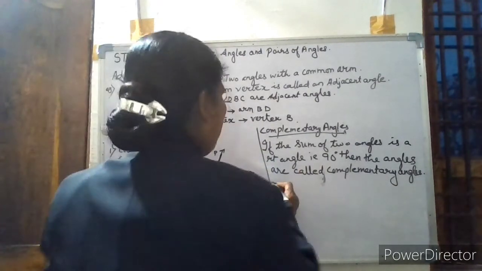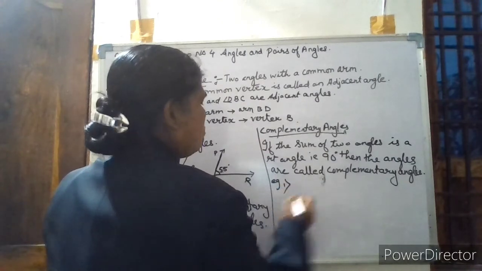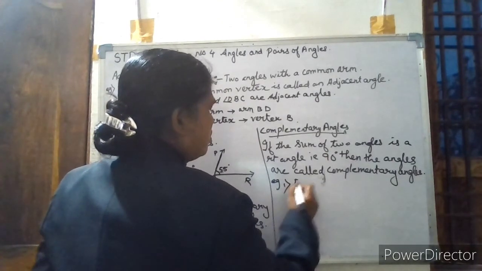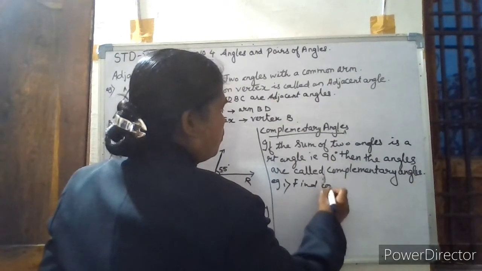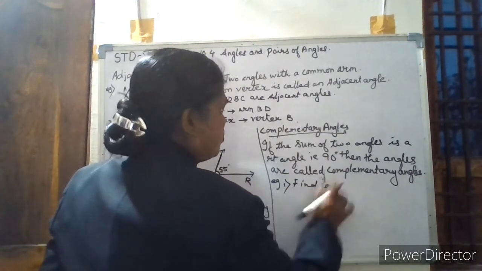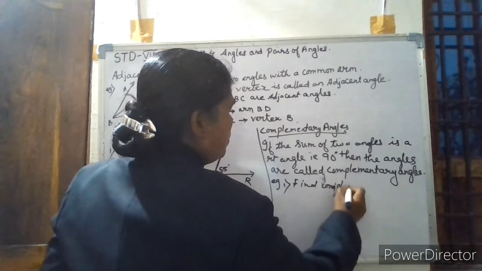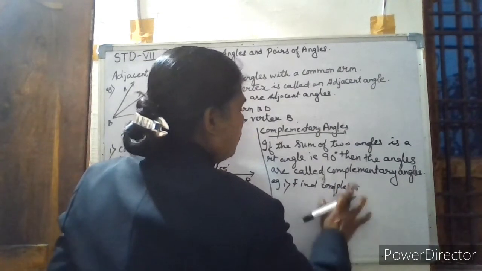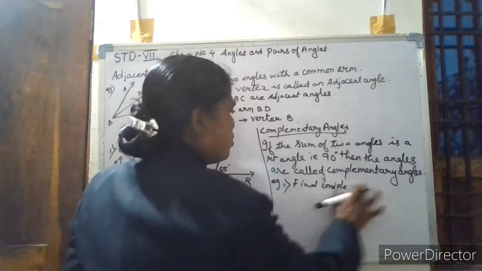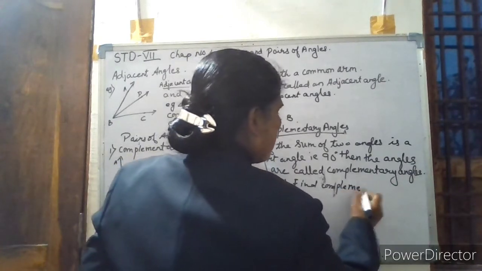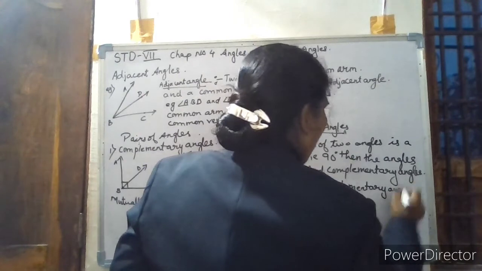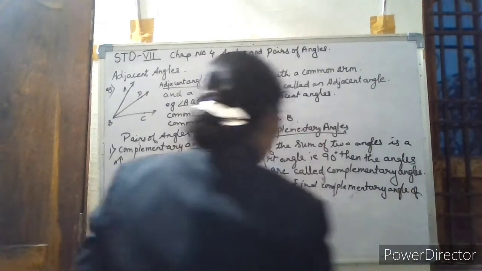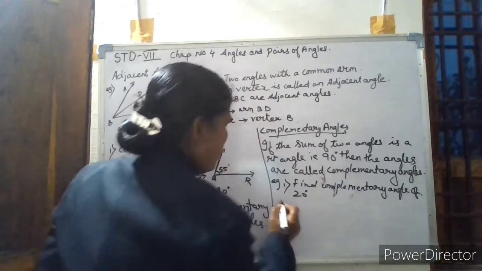Suppose example 1. I give the question as: find the complementary angle of an angle of 20 degrees. Then you have to find it like this way.